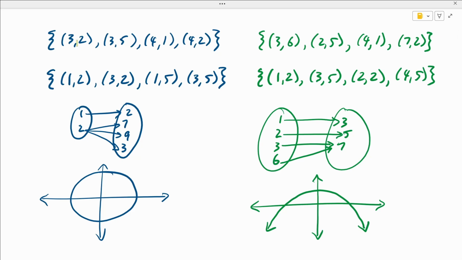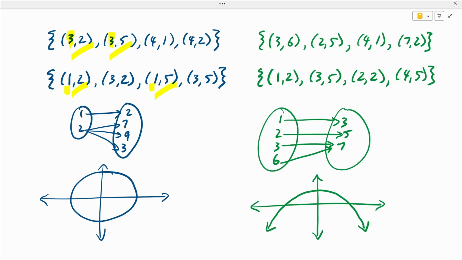In the first one, I have the element 3 maps to both 2 and 5. That's an element of the domain that maps to 2 different elements of the range. In the second one, I have 1, 2, and 1, 5. Again, I have an element of the domain that maps to 2 different elements of the range.